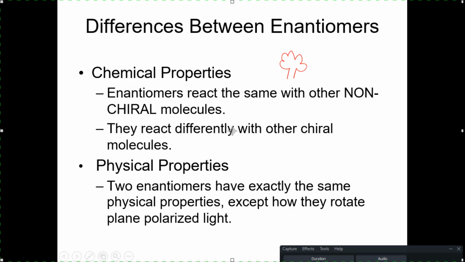Another example would be sugars. So sugars are the D form. If all the sugar in the world changed to L, we couldn't metabolize it.